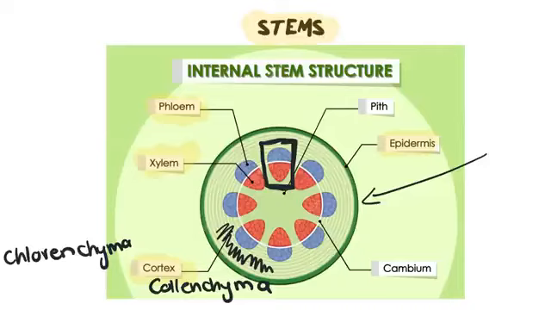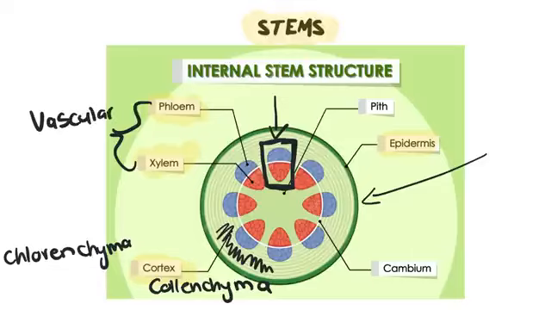Now, as it may already be very obvious, stems are conductive tissues. In other words, we are moving things from the roots and the leaves up and down. And so that's why it's really important that these vascular bundles, or this xylem and phloem, appear. And so in many textbooks, we refer to these little egg-shaped structures as a vascular bundle, and that's what it is together.